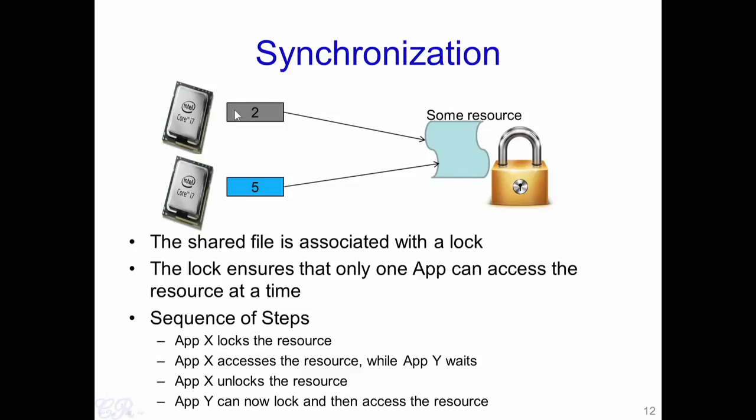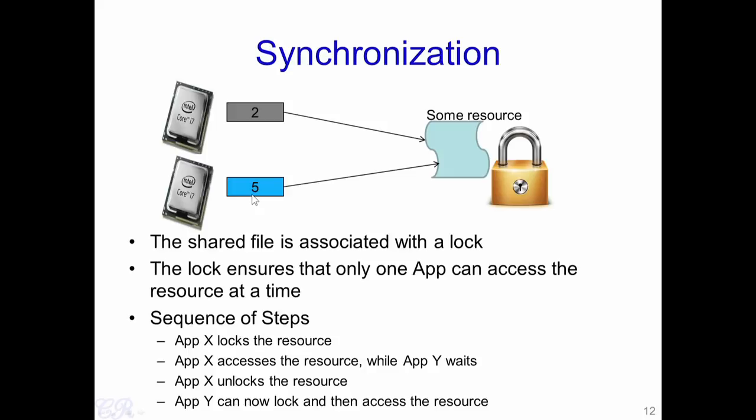Now, after application 2 completes using the resource, it will unlock the resource, and during that time, if we have a second application which has also requested the resource, the second application would have to wait. So, when application 2 completes, it will unlock the resource, and this is a signal to application 5 that it can then use the resource.